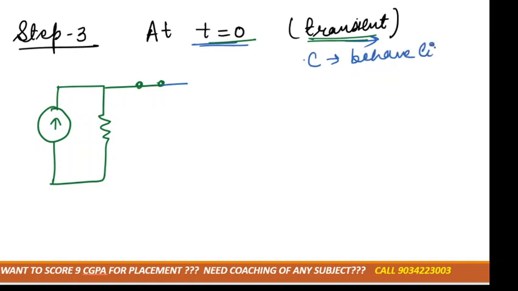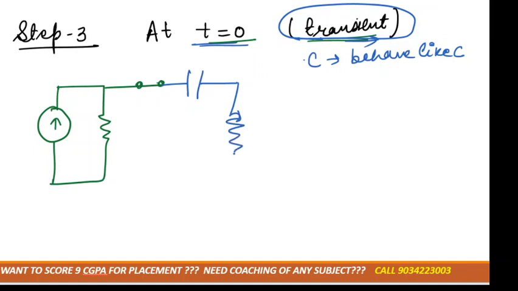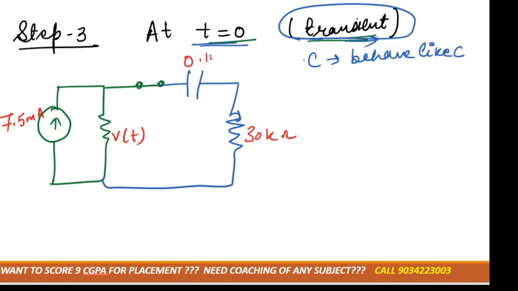If there is an inductor, it will behave like an inductor only, when you are changing the switches at the transient. The capacitor will behave like a capacitor, and the resistance was there, right? This was V of t, this was 7.5 milliampere, this was 0.1 microfarad. Tell me any doubt up to here first.